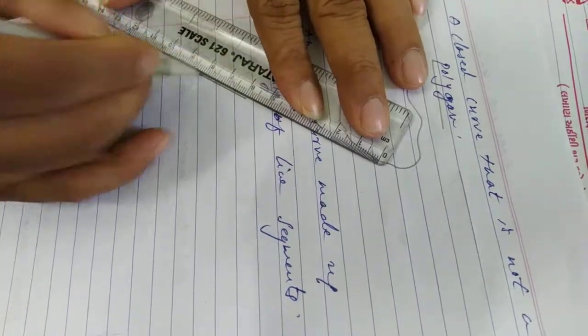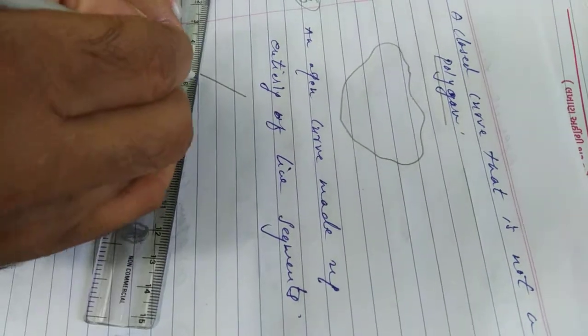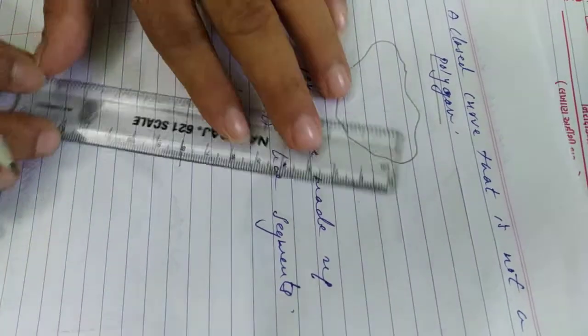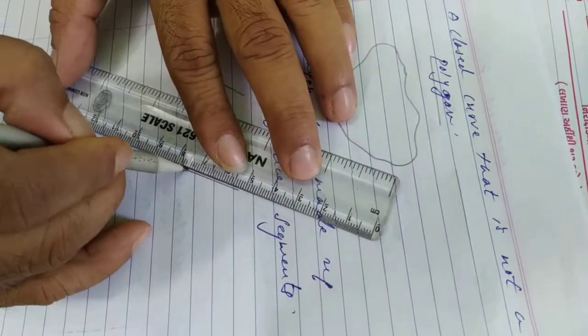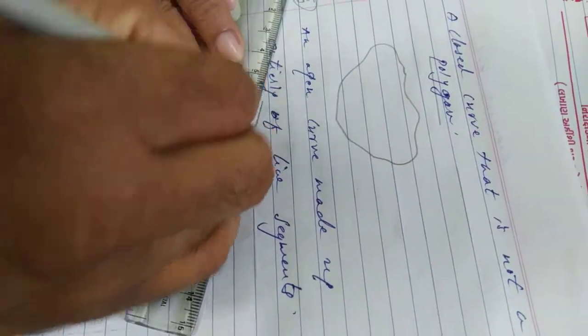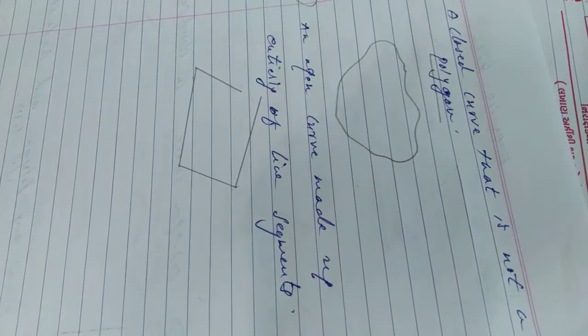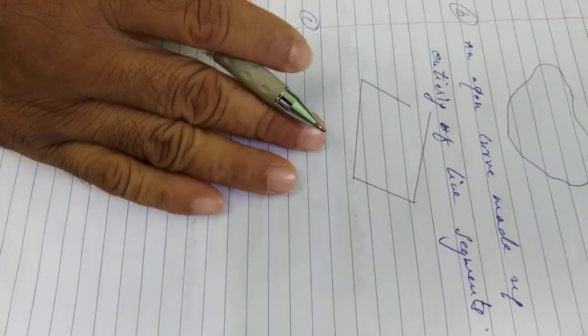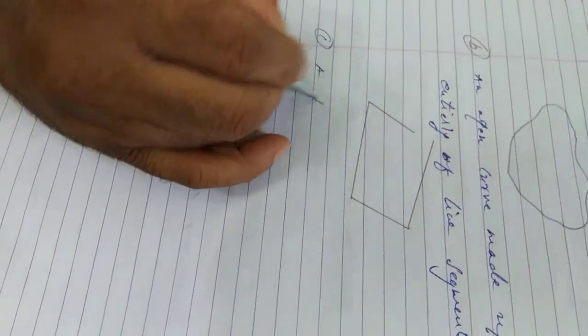Open, so maybe it is made up of line segments. We just have to keep it open anyway, not close it, so we can say it is a polygon. Got it? So such a figure is already showing the open curve. Got it?